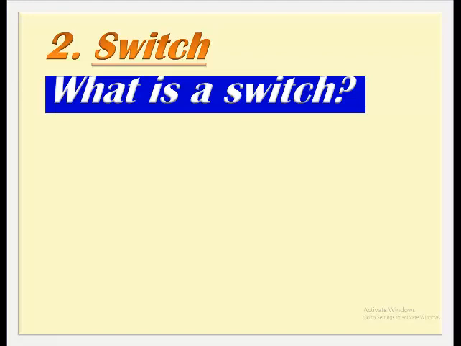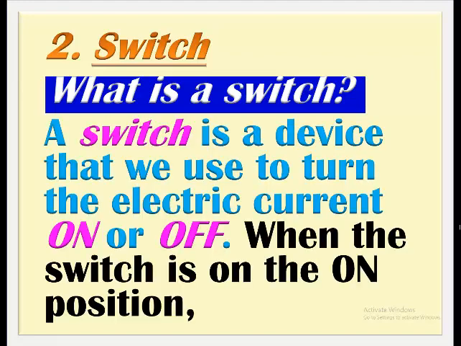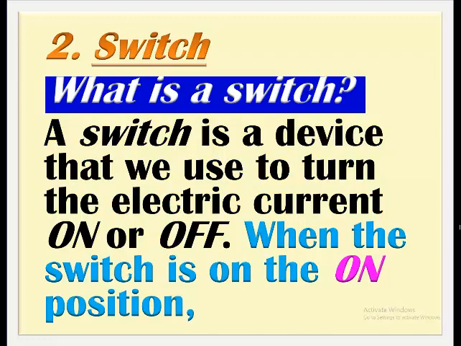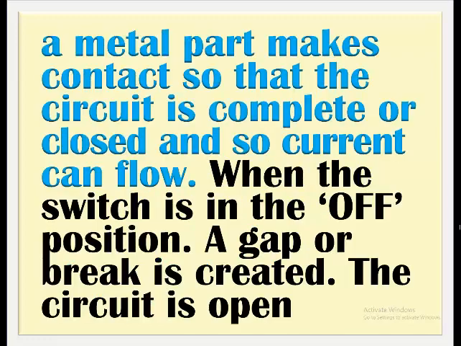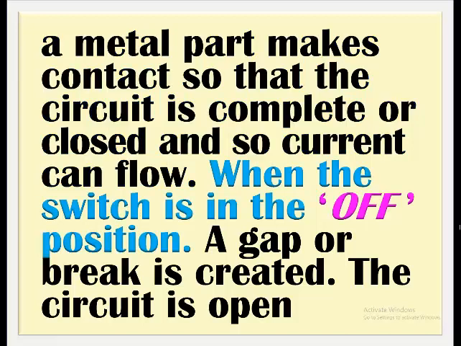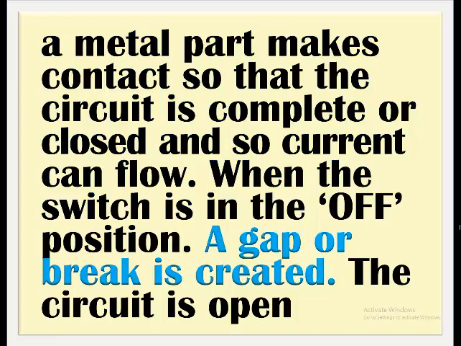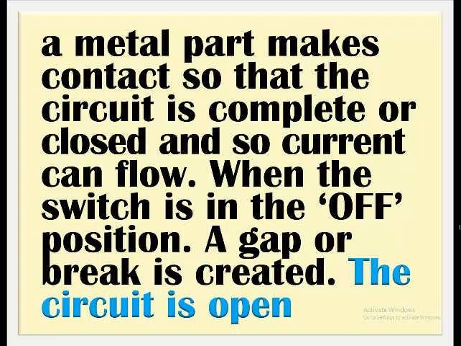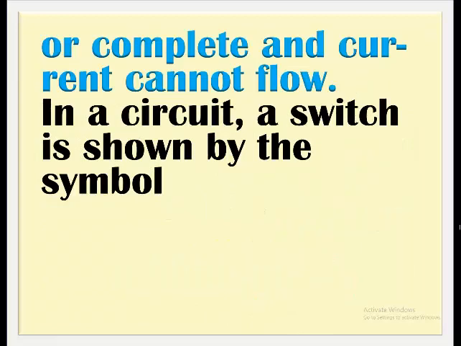2. Switch. What is a switch? A switch is a device that we use to turn the electric current on or off. When the switch is in the on position, a metal part makes contact, so that the circuit is complete or closed, and so current can flow. When the switch is in the off position, a gap or break is created. The circuit is open or incomplete and current cannot flow.